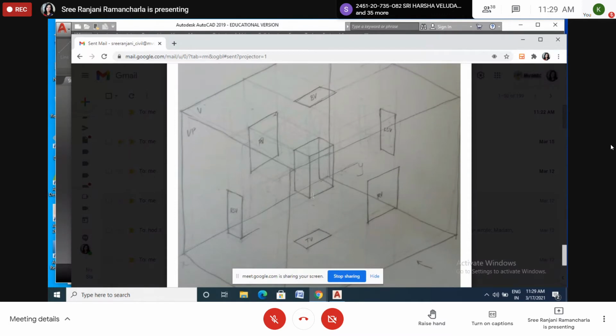And here one cuboid is there, of some length, some height, and some width. It is just like it is in space. Is it clear now? Are you able to understand this figure? Yes, ma'am. So it is like in space.